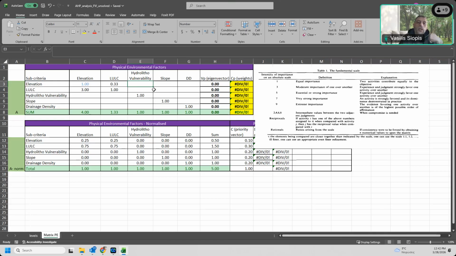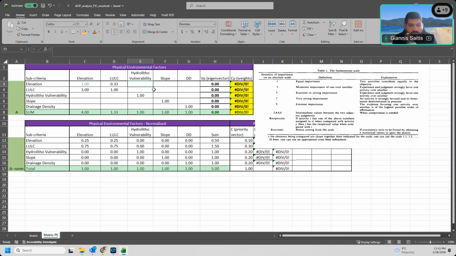In low elevation, it's more like bare soil, even sand, loose material, so it absorbs more water, I think.